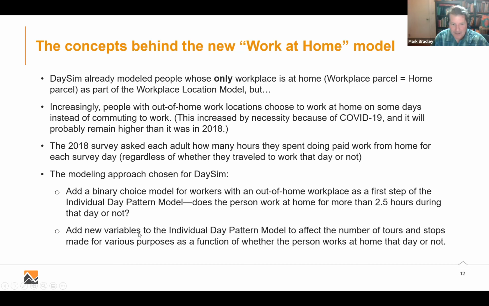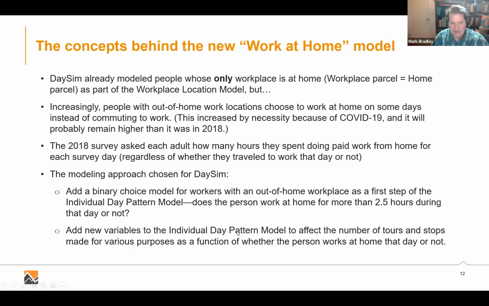And then we have this individual day pattern model, one of the core models of DaySim, which kind of jointly predicts how many tours and stops people make for different purposes during the day. So if they work from home, they have a lot less chance of commuting to work, maybe more chance of doing some other things instead of commuting to work.